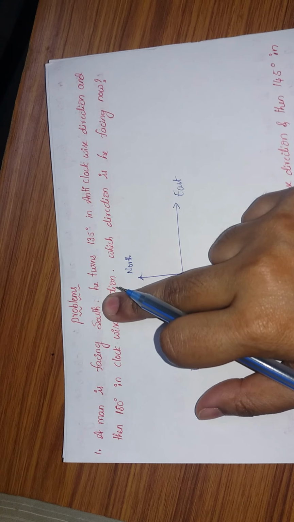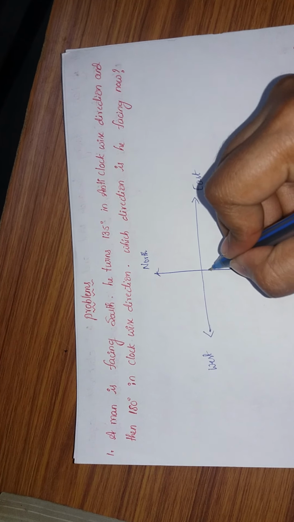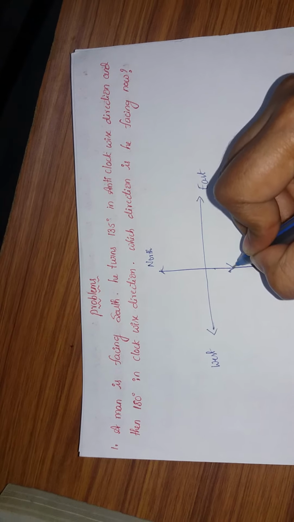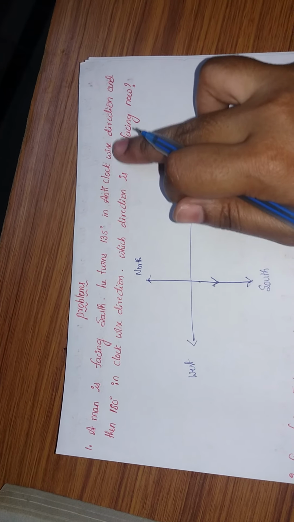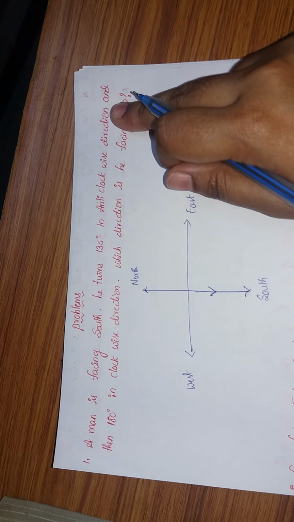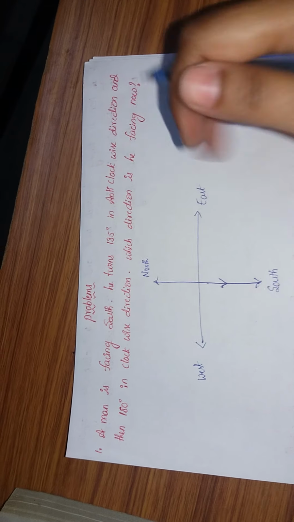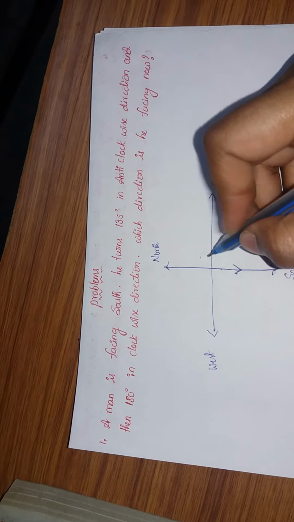What is given? A man is facing south, means he is looking towards this side, and he turns 135 degrees in an anti-clockwise direction. Anti-clockwise means this position.